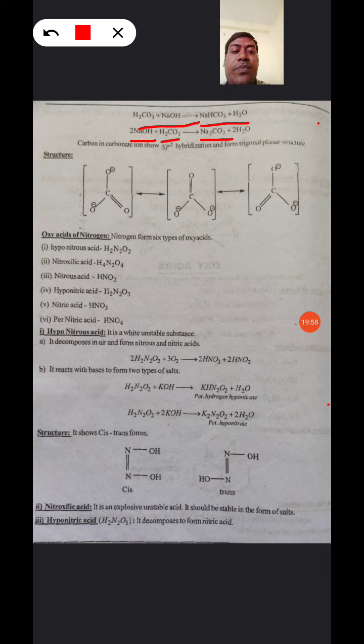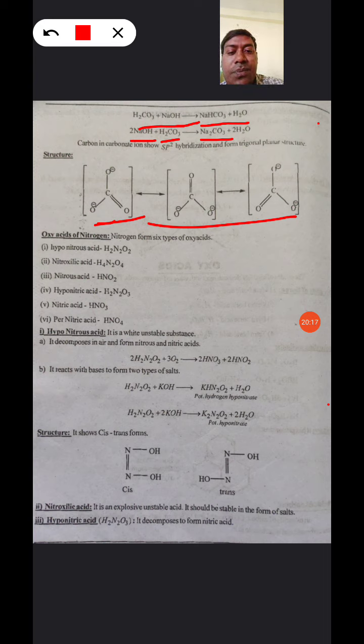So this is the structure. These are the resonance structures of oxy acids of carbon.